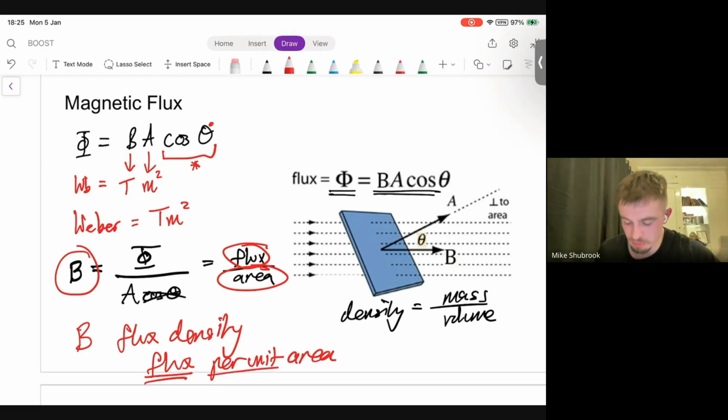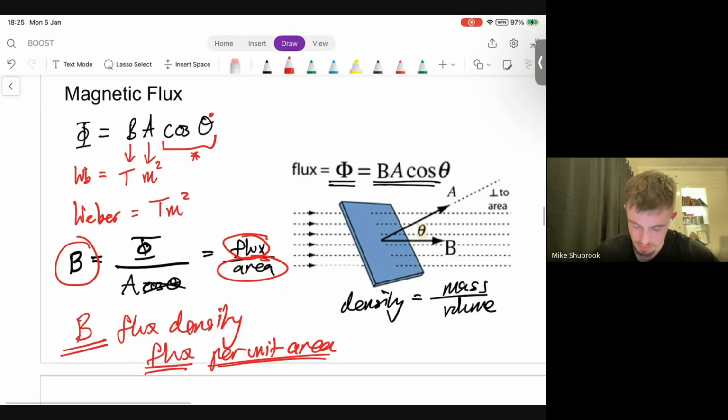If I normalize the size of my hula hoop to be, for example, 1 meter squared, that would tell me how much it is raining, and I would get the magnetic field. This isn't too important. It's just to give you an idea of why this is also called the magnetic flux density. I don't think you'll ever get a question saying explain why B is also called the flux density, but it's useful to know.